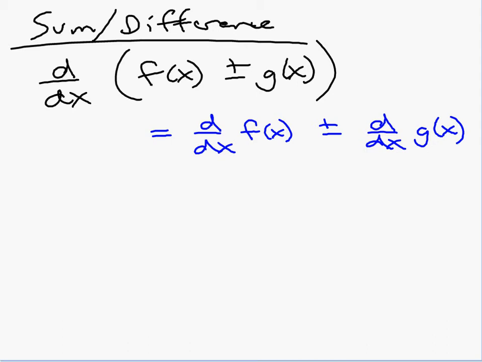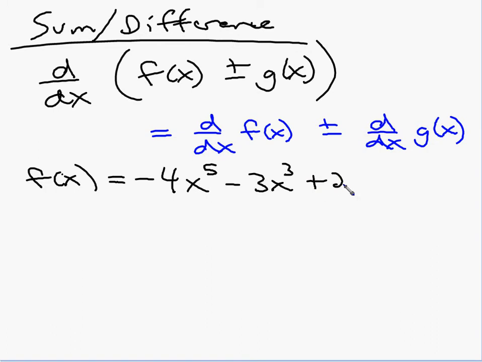We're not going to work through all this one, but let's say I've got a good old-fashioned polynomial like negative 4x to the 5th minus 3x cubed plus 2x squared plus 7. Maybe we'll just go ahead and do the derivative of this anyway. Do us some good.